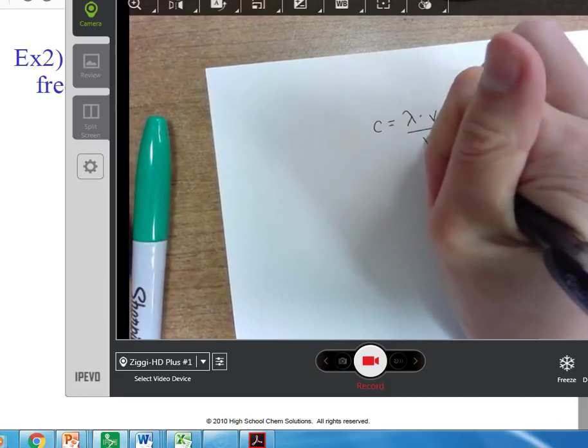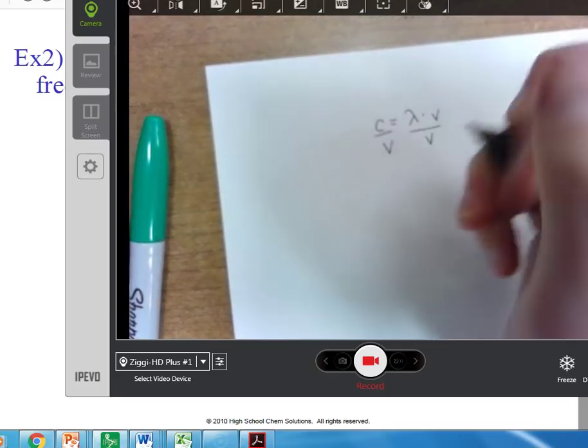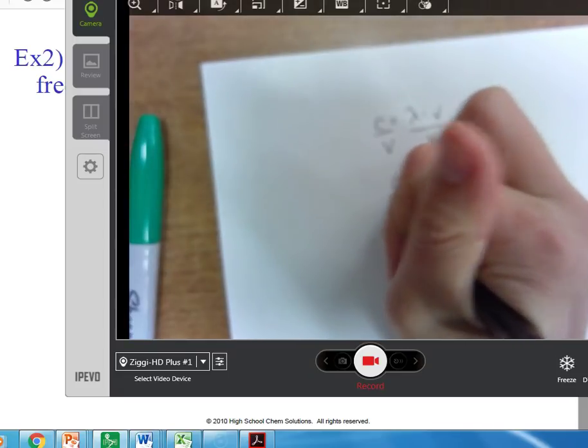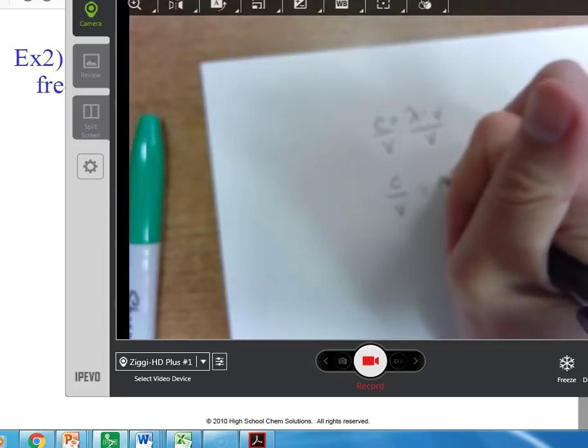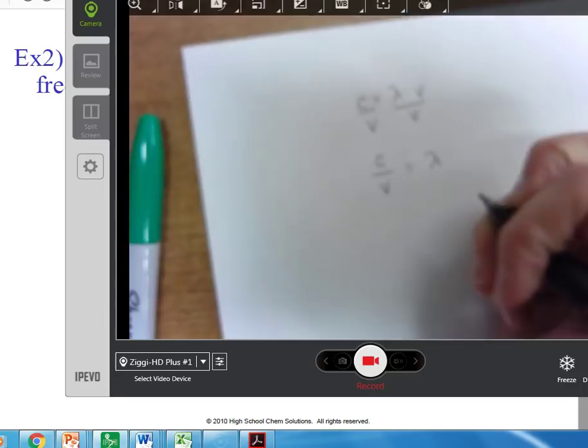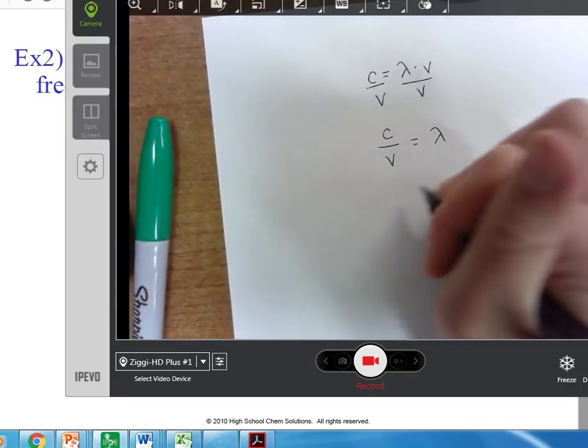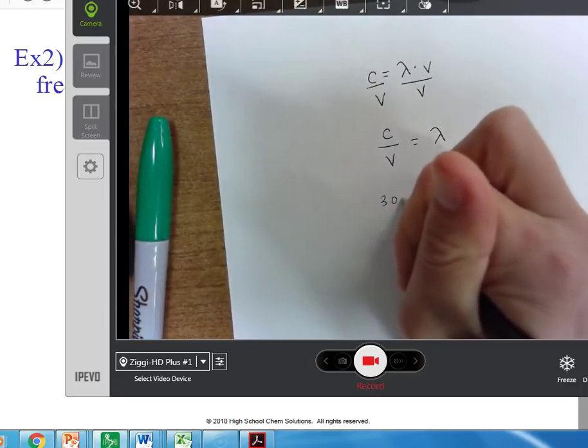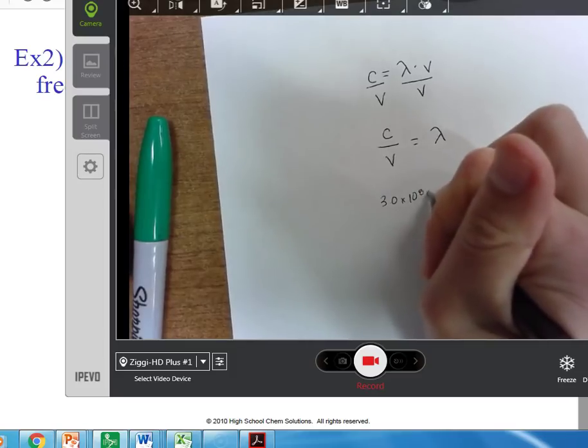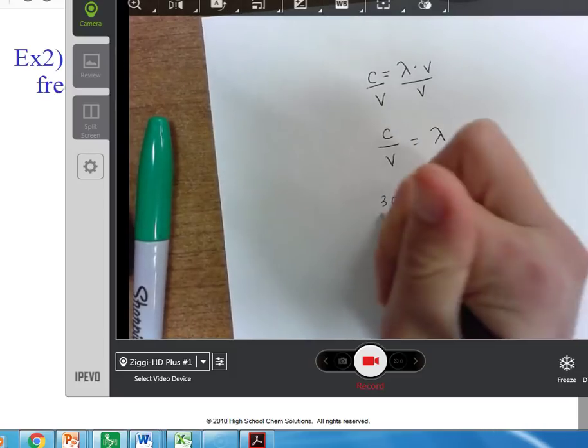So I'm going to divide both sides by frequency. So c divided by frequency equals wavelength. We know the speed of light is 3.0 times 10 to the 8th meters over seconds.